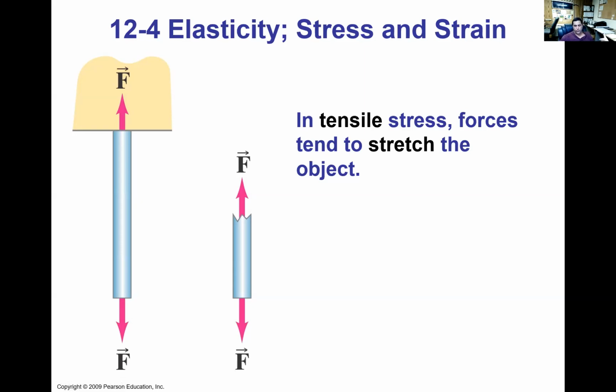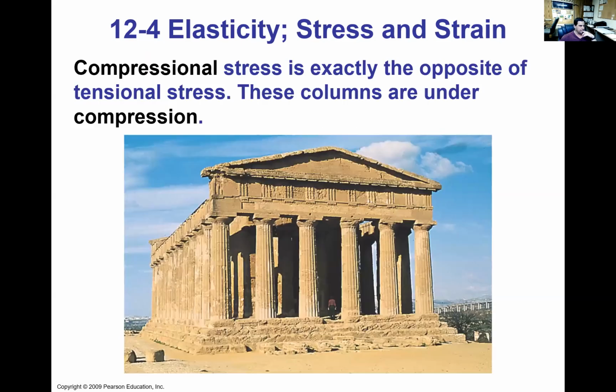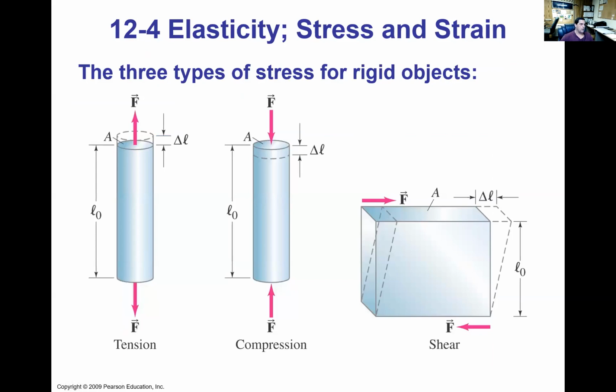Tensile stresses, the forces tend to stretch an object. Compressional stress is the opposite, and it's the exact opposite of tension. You're squeezing something together. Okay, compression is squeezing together. Like these columns here are under compression.